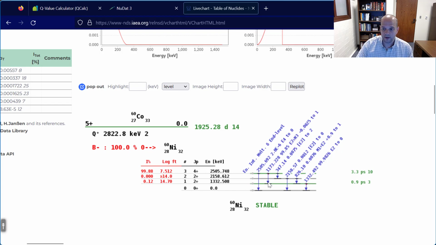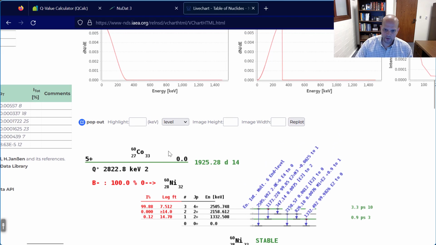I could go from the third down to the ground state, third down to the first, or third down to the second. And that's how much energy is released in each one of those transitions.